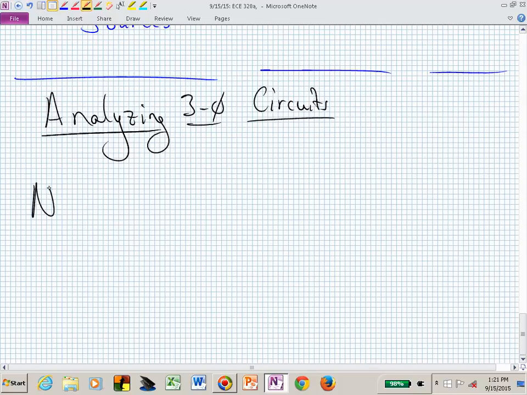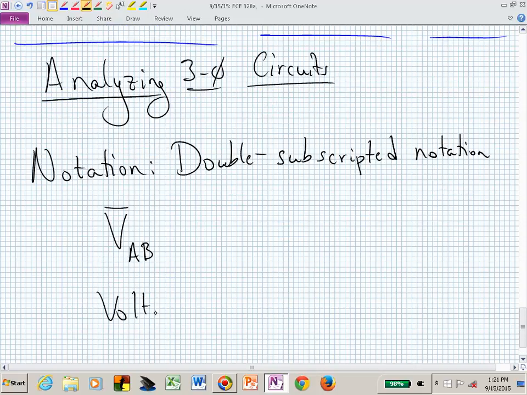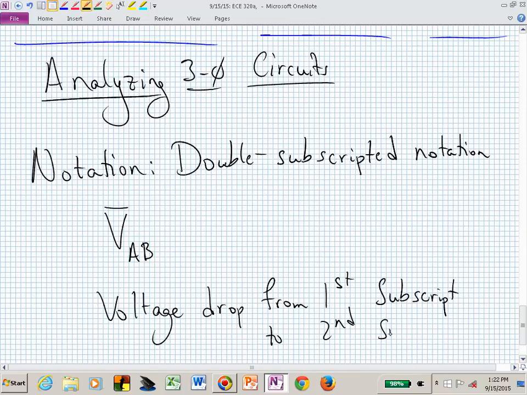In analyzing, the notation is critical, but I think we've already sort of established that. We are using a double subscripted notation, where if I say V sub AB, then it's the voltage drop from the first subscript to the second subscript.